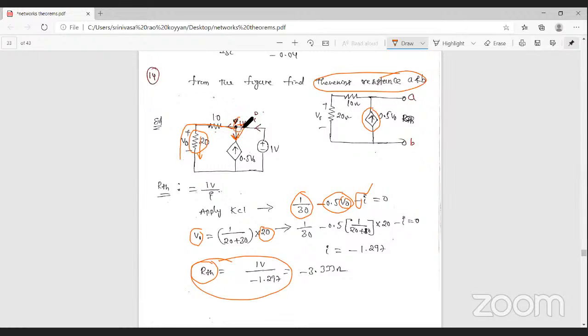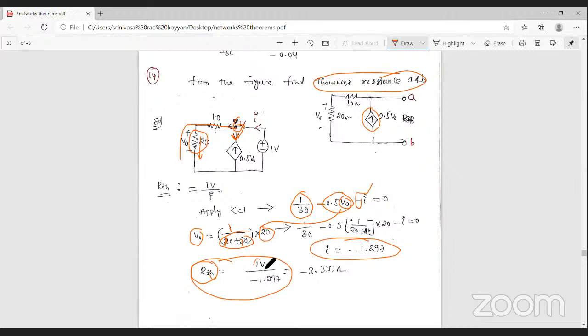That is 1 volt divided by the total resistance. That is 10 plus 20. Sorry, 20 plus 30. What is the value here? 10. Sorry, here it is 10. 10 plus 20. That is V naught, equal to this V naught value, substitute here. Then you can get the current value I. This I value is substituted here.